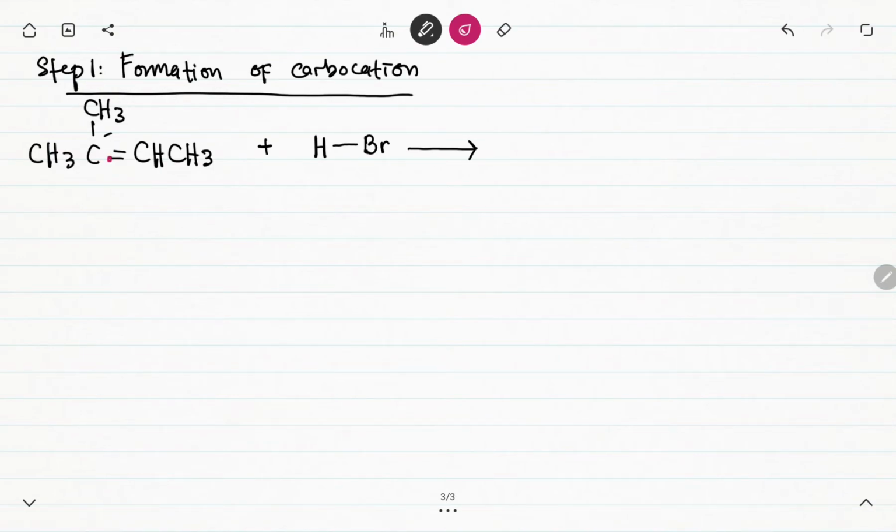It must take place at the site of the carbon-carbon double bond. This is the nucleophile site, and we must add an electrophile because the type of reaction is electrophilic addition. So your arrow here must come from one of the bonding pairs between carbon, directly attacking the proton, which is hydrogen positive charge, and the bond between H and Br will break.